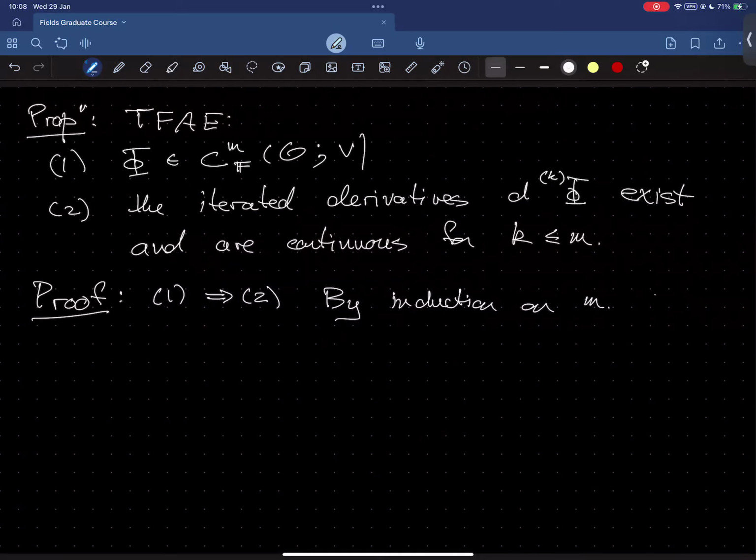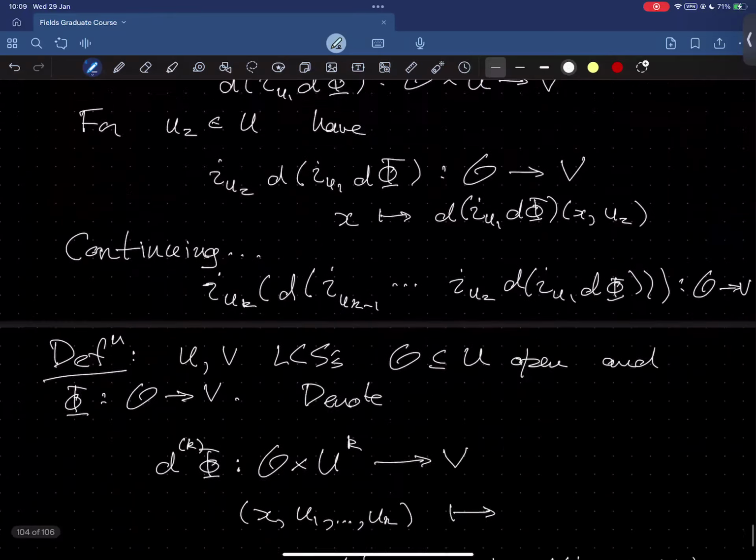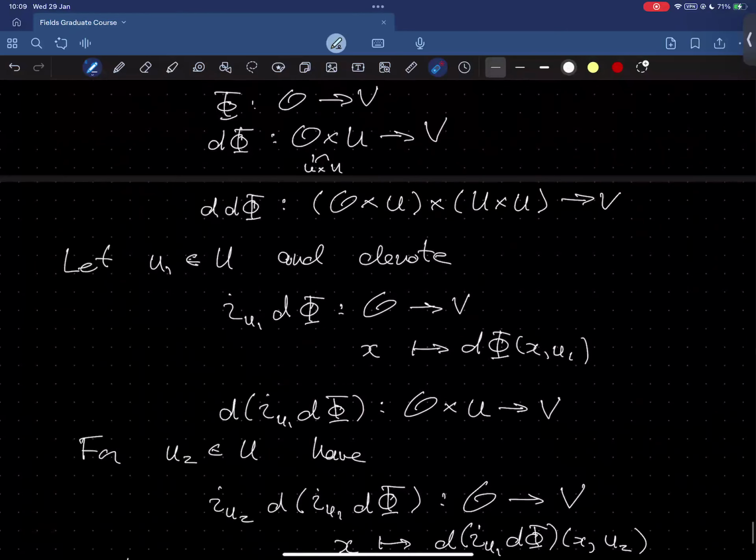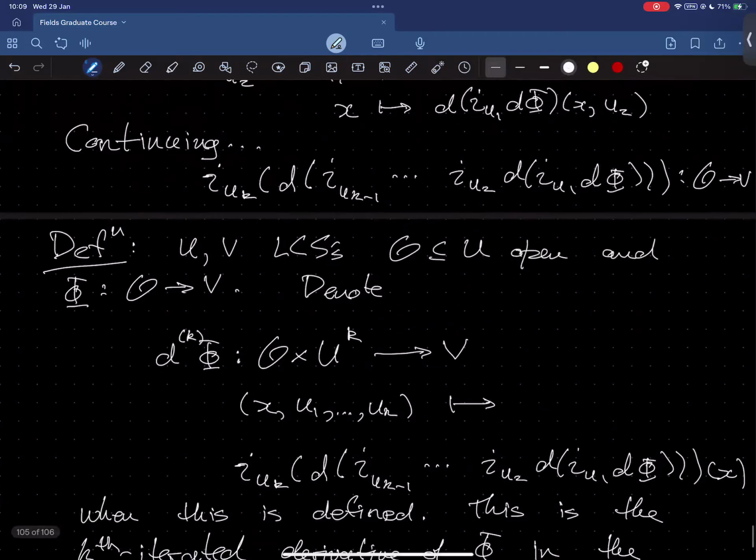For m equals 1, of course it's true because d1 phi is d phi. We saw that with our definition here. This thing is just d phi.